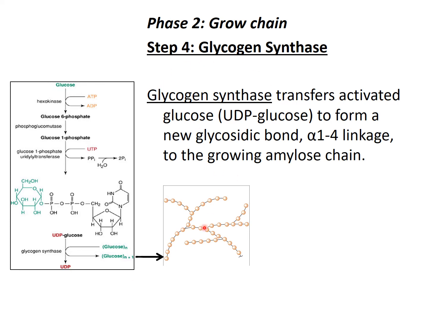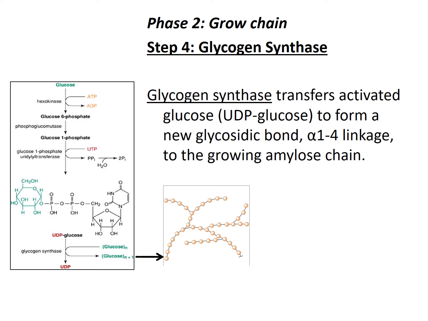The enzyme which is putting the glucose on the non-reducing end is called glycogen synthase, the key enzyme. Please remember, glycogen synthase can only build amylose chains.